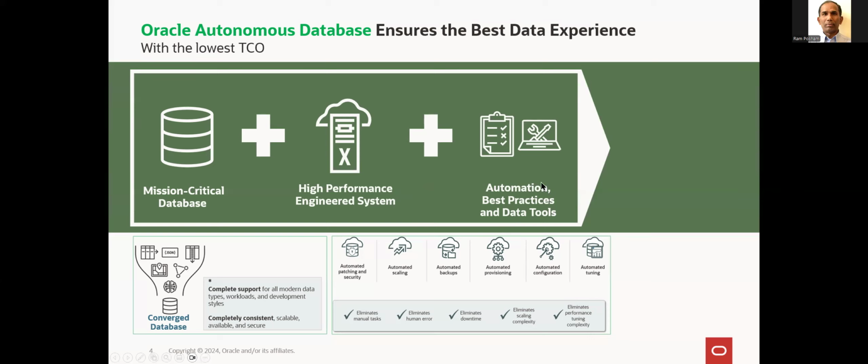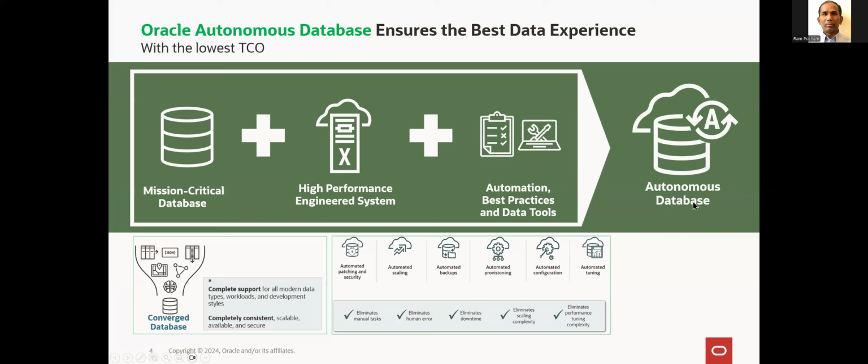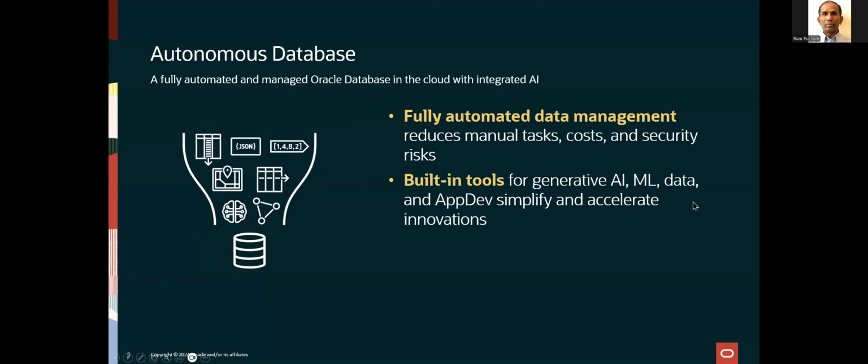You just focus on your data. And this is managed using many best practices. And it comes with several tools actually for data ingestion and data analytics. There are many, many things that it comes with. And that's what Oracle Autonomous Database is.